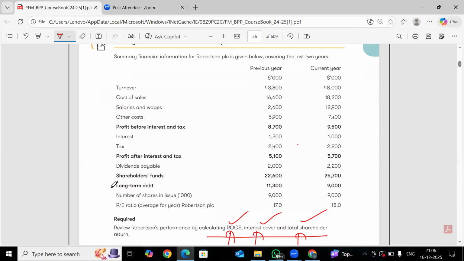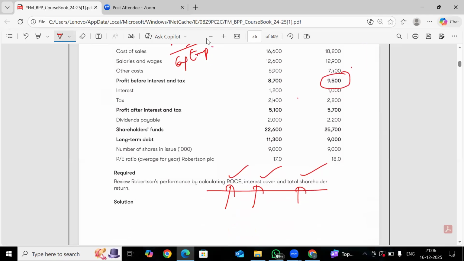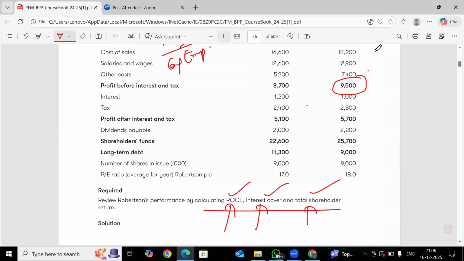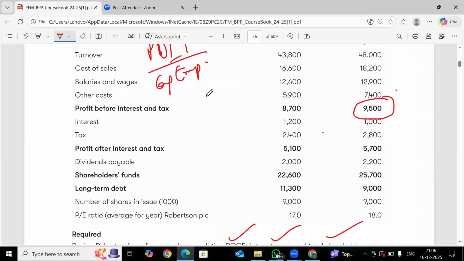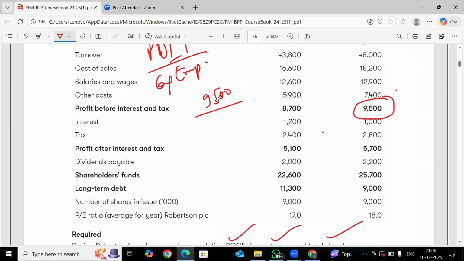So ROCE is what? Return on capital employed. So it is PBIT by capital employed. So what is your PBIT? 9,500, yes. So we are going to take 9,500 divided by what is your capital employed? Shareholders' funds plus long-term debt.